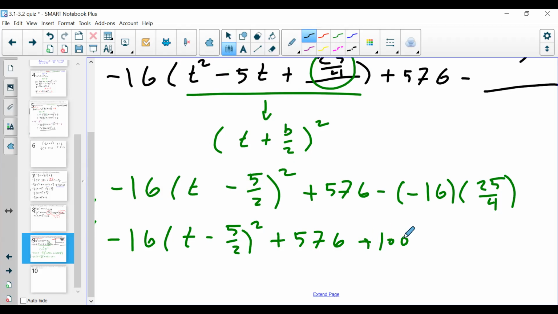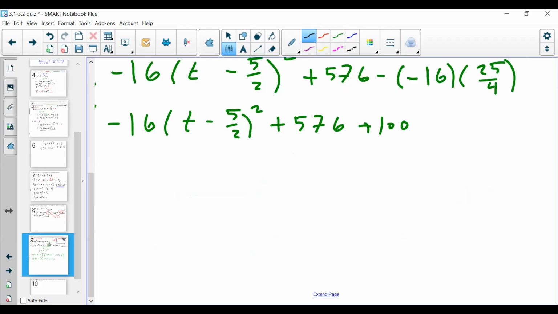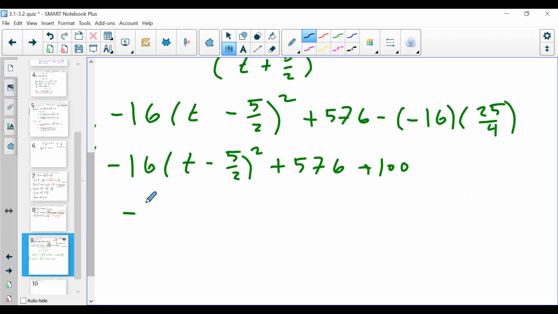You're going to get calculators tomorrow, so you can figure that out easily. But anyway, when you factor it all out, you have negative 16 times t minus 5 over 2 squared plus 676. Everyone with me? Any questions so far?